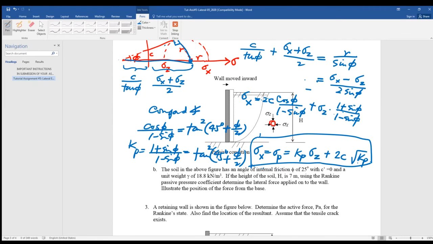So any question for this deduction of this formula? Now I give you the hint, right? To consider that right angle triangle and the coordinate of the center of the Mohr circle.